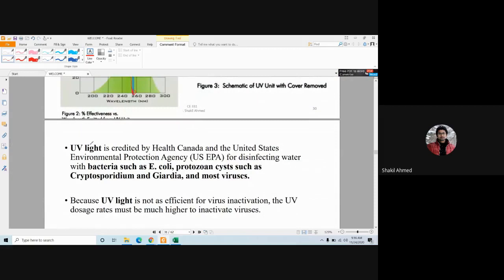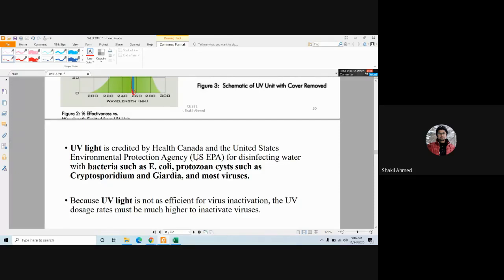Now the thing is, UV light is accredited by Health Canada, who actually developed it, and the United States Environmental Protection Agency (US EPA). Likewise, in Bangladesh, we have the Department of Environment (DOE), a regulatory body which implements the environmental rules.